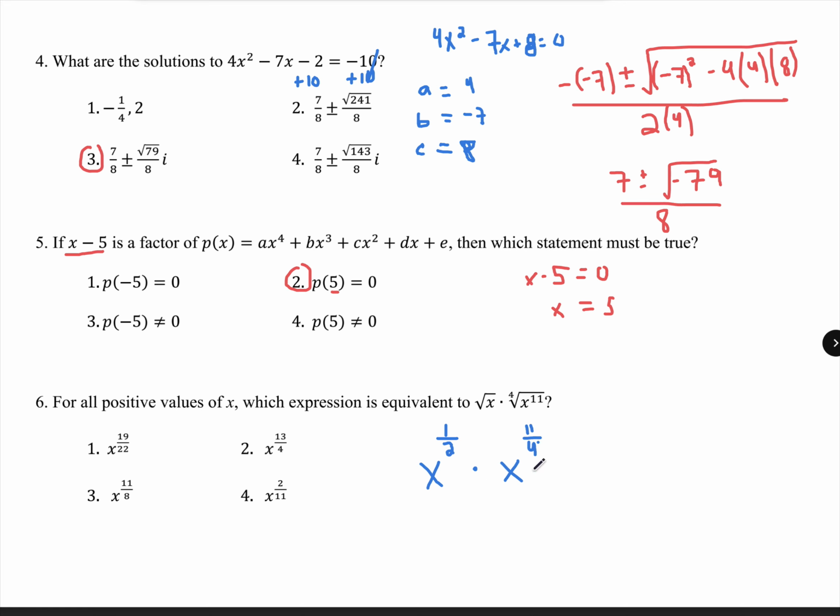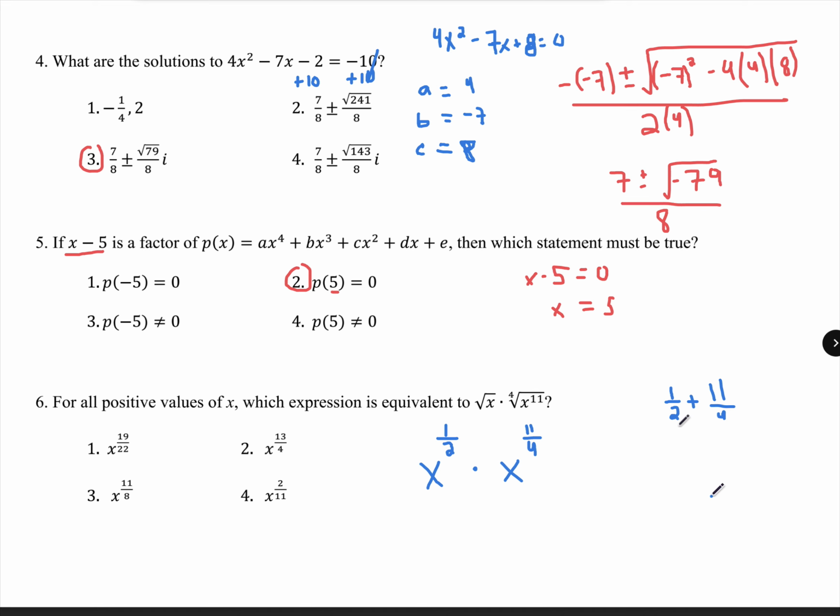And then I know if I'm multiplying same bases, I'm adding my exponents. So if I come over here, this is where you got to be careful. In your calculator, you can literally put fraction 1 over 2, and since I'm multiplying, fraction 11 over 4. I'm adding them together just like this.